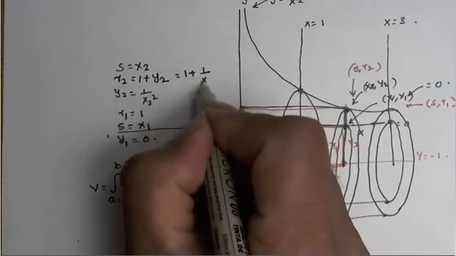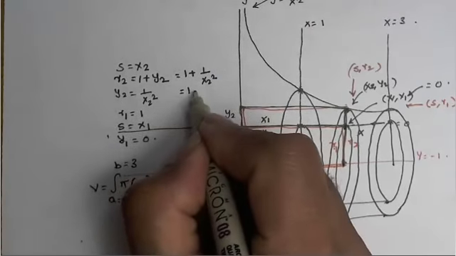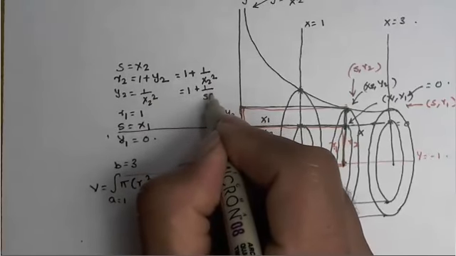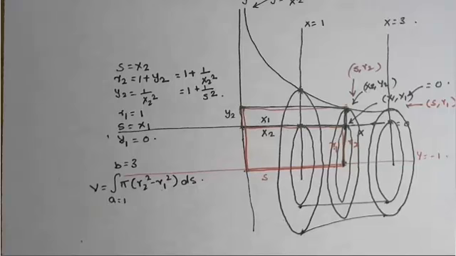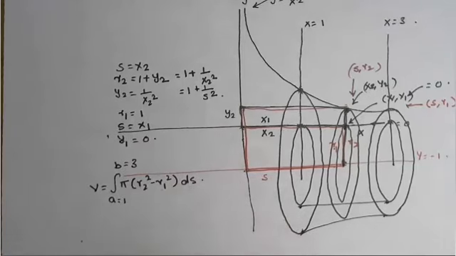Now r2 as a function of s, well, we know that r2 is 1 plus y2. y2 is 1 over x2 squared, and x2 is the same as s, so r2 is 1 plus 1 over s squared. Now r1 we already know is equal to 1, so there's nothing to do there.